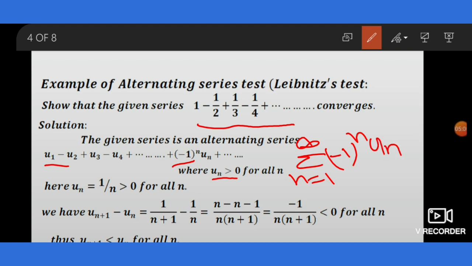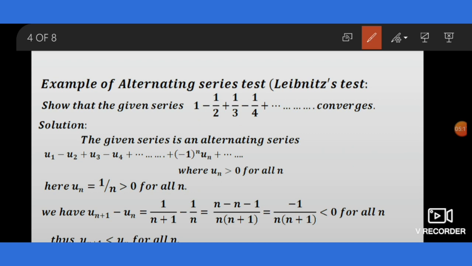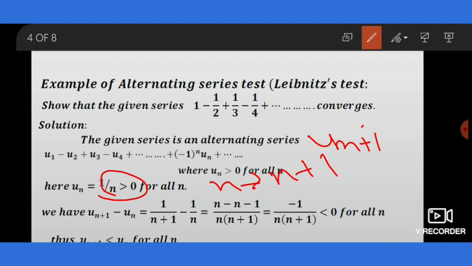First we take the nth term of the given infinite series. So we take un equal to 1 upon n, which is greater than 0 for all n. Replacing n by n plus 1 in this sequence, un plus 1 equals 1 upon n plus 1.